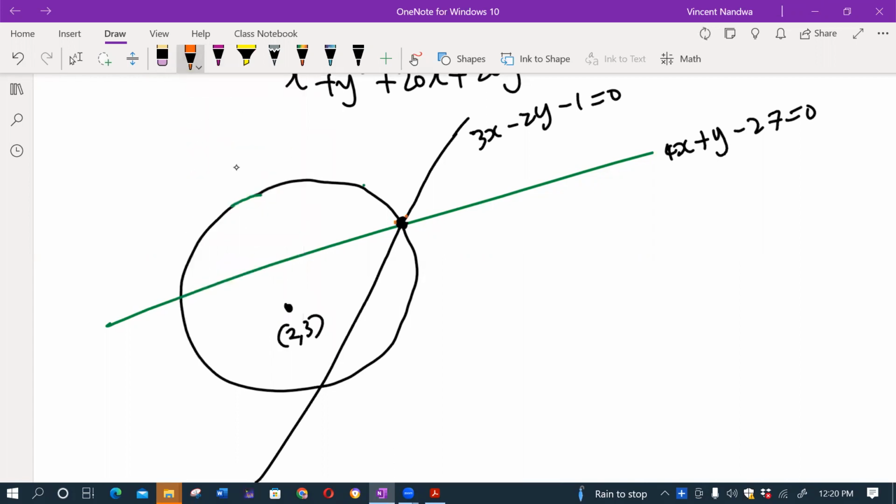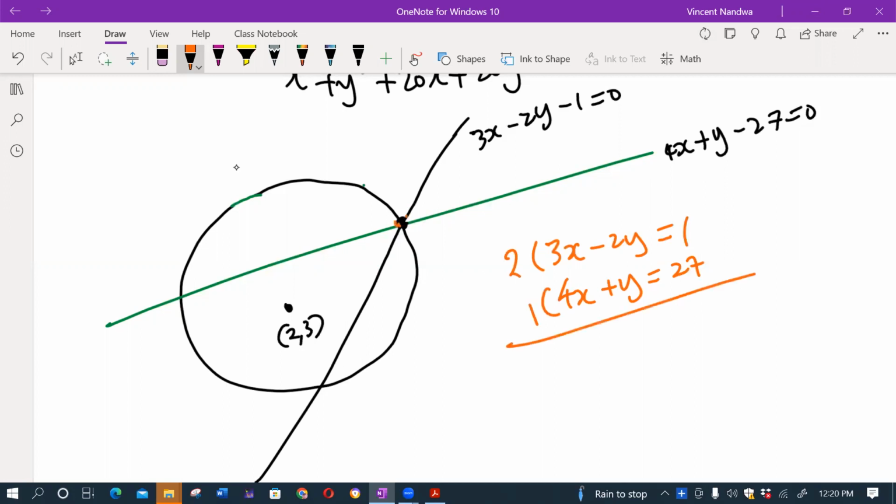So let's get this point of intersection. 3x minus 2y equals 1, 4x plus y equals 27. If I multiply the second by 2, I get 3x minus 2y equals 1 and 8x plus 2y equals 54.